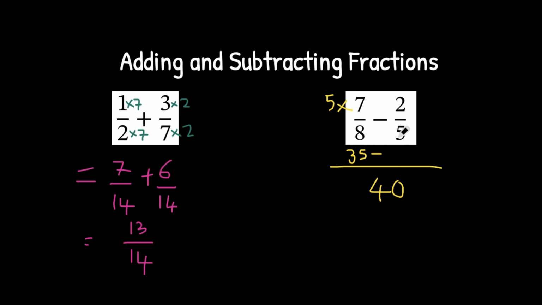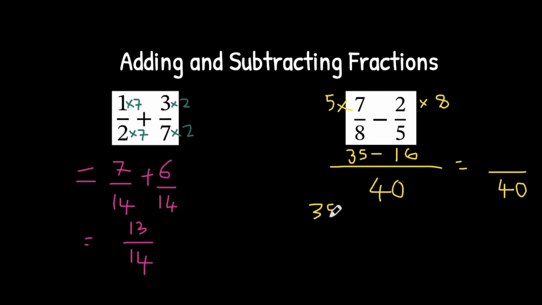Minus, 5 goes into 40 how many times? 5 goes into 40 8 times. So this side, I'm going to say times 8. So 2 times 8 is 16. Okay? So our bottom is 40. And we're just going to say, what's 35 minus 16?